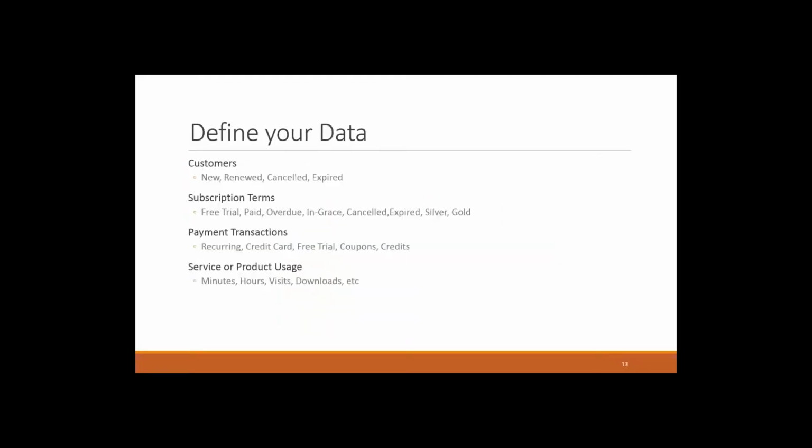And as a good example, just kind of breaking each of these data entities down, for customers, you will be very interested to understand these categories of customers in order to understand your churn: new, renewals, cancellations, expirations. And then subscription terms.